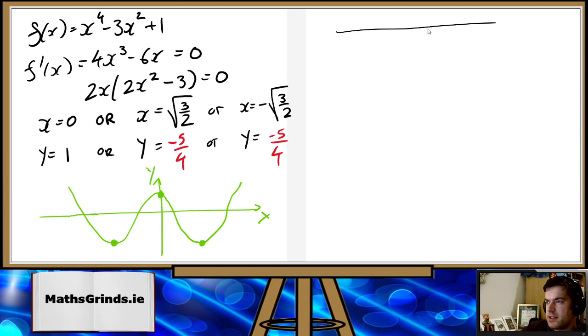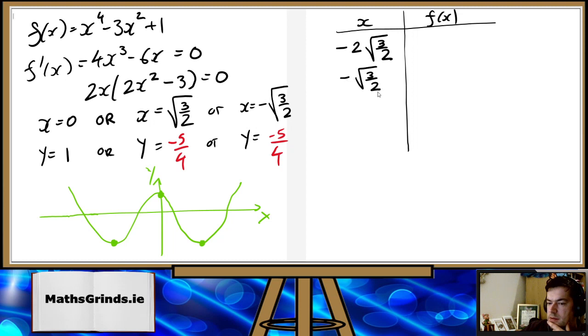So if we just put together a table here, x, f of x: minus 2 root 3 over 2, minus root 3 over 2, and 0, root 3 over 2, and 2 root 3 over 2.